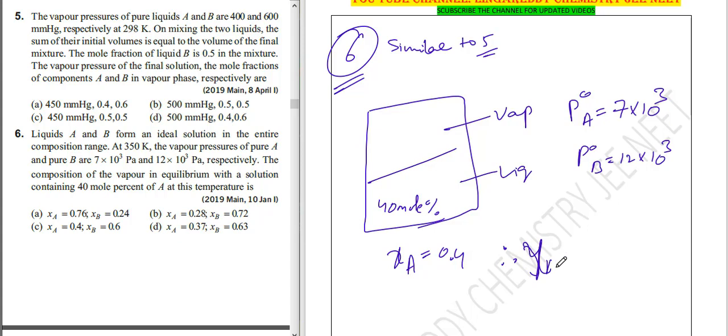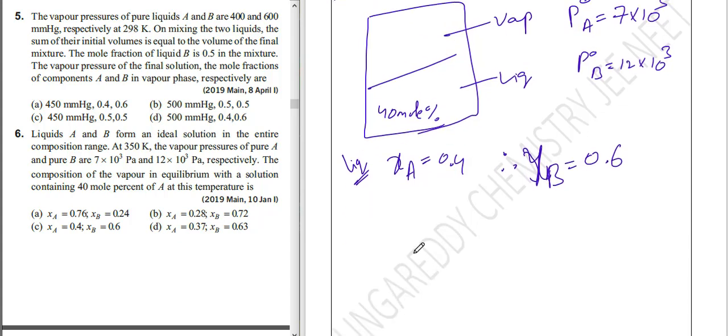Therefore XB will be 0.6 in the liquid phase. What we need to calculate in the vapor phase is YA and YB. So what is the formula? YA equals PA by P total.